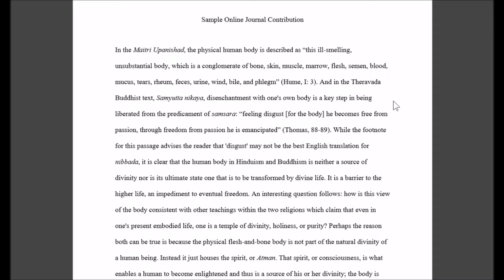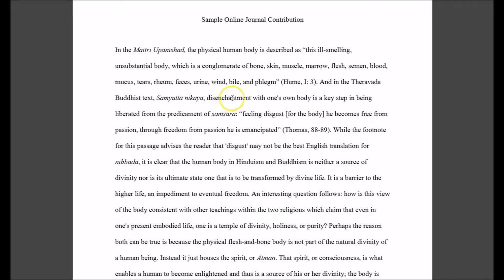Okay, so a couple things about this sentence. Again, a very, very well integrated quote, although using the colon, she decided to make the quote sort of stand aside from what she was saying, which is fine. Then here, and up here, sorry, Maitreya Upanishad and Samyutta Nikaya, the titles are appropriately italicized. That's good.